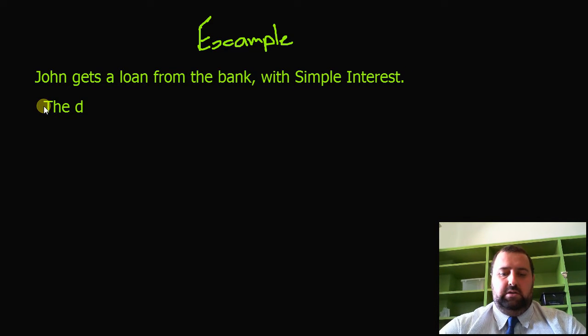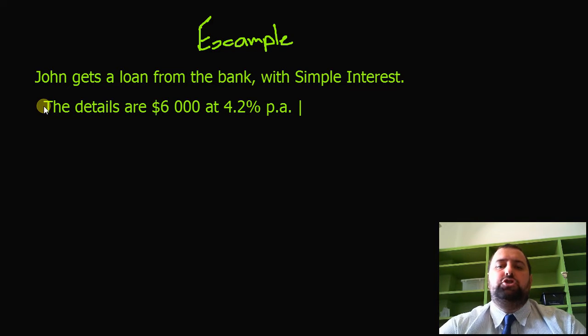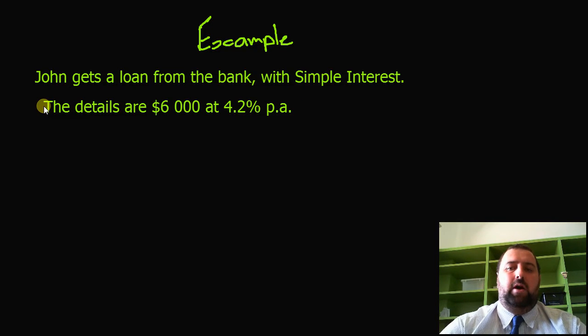The details are, let's say that he gets $6,000 at 4.2% PA. Now, PA means per annum or each year. Generally, interest rates are said per annum. And he gets it for 3 years.